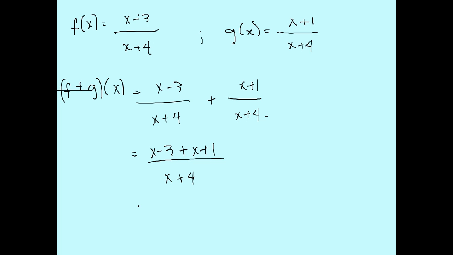And then, this time, we're going to combine the like terms. So, meron tayong x dito. So, x plus x, meron tayong 2x. So, we have here 2x. And then yung constant natin na negative 3, and then the positive 1.